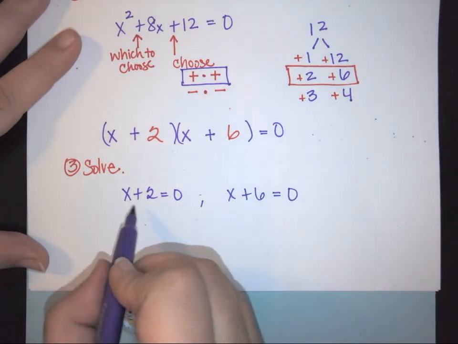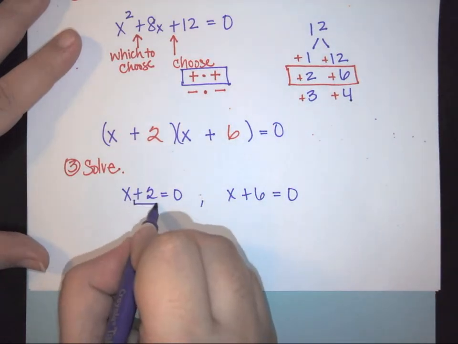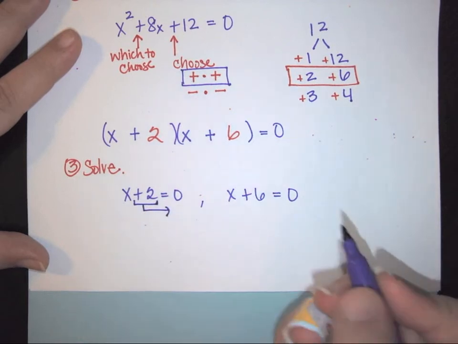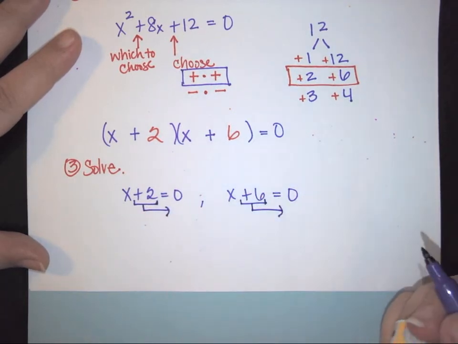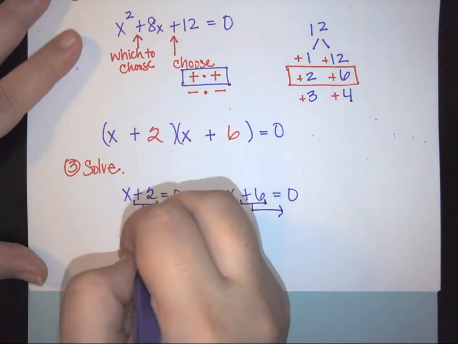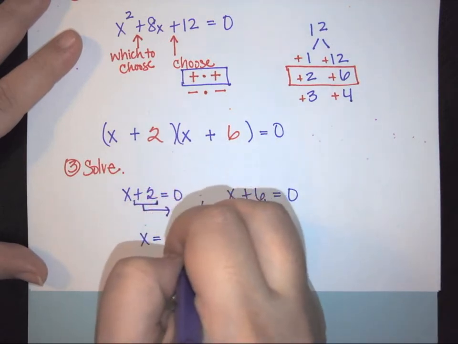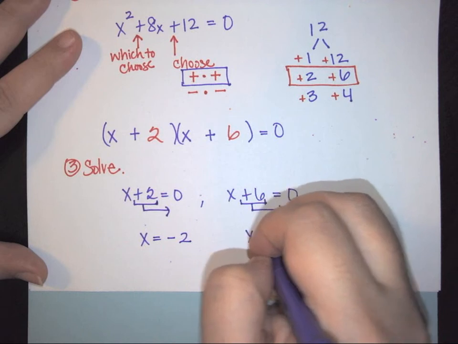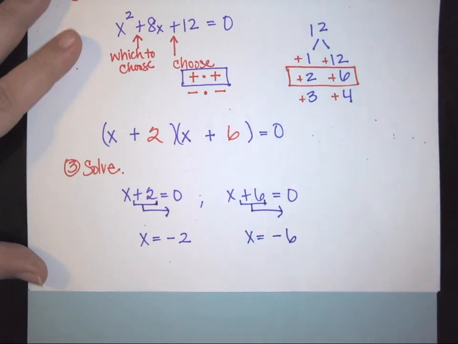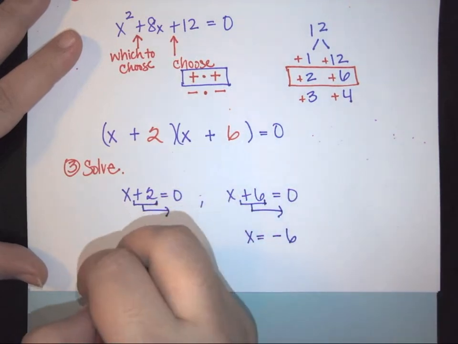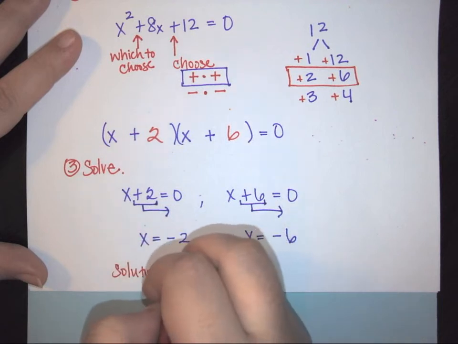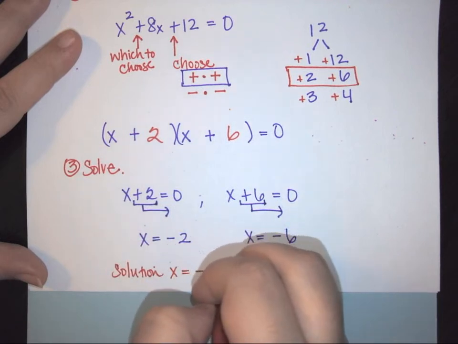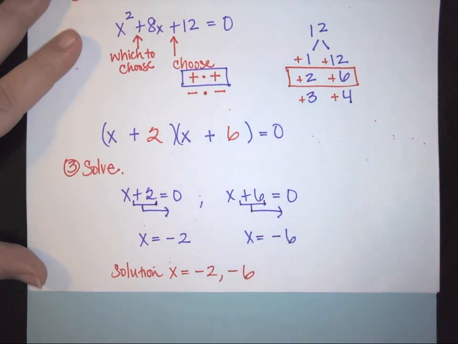So in this first case, I'm going to take this 2 here and I'm going to move it over. And in the second case, again, I'm going to do the same thing, move the 6. So I end up with x equaling -2 and x equaling -6. So if I look at it, it means my solution here is that x is going to be -2 and -6.